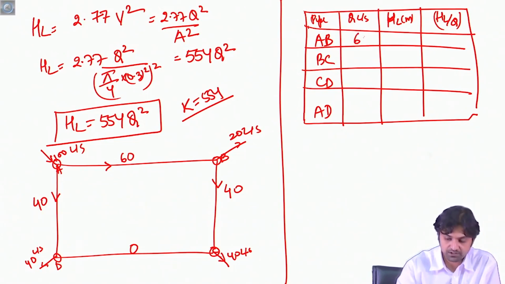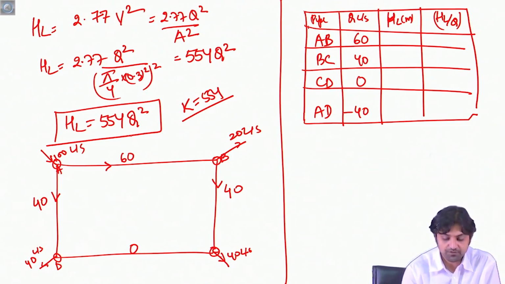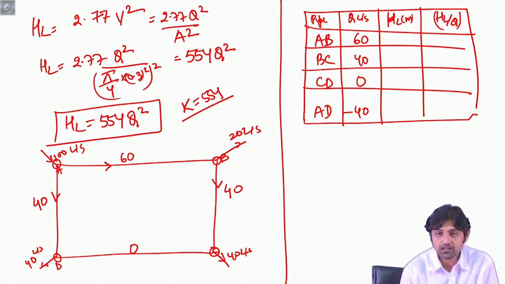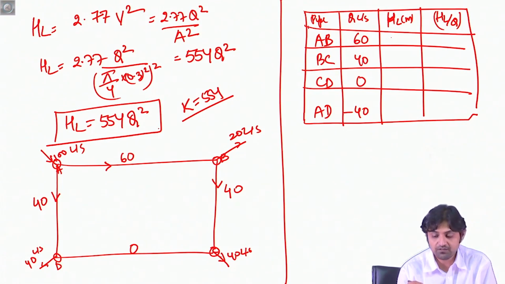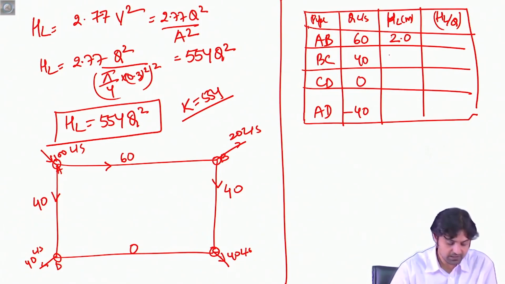So simply write down 60, 40, 0, minus 40. You see that clockwise we have assumed positive, that's why AD is minus 40. Using 554 Q square and converting it into meter cube per second, because it is given in liters, the head loss is going to be, you do the calculation, 554 into 60 whole square divided by 1000, it will come out to be 2.0, and this will come out to be 0.886.